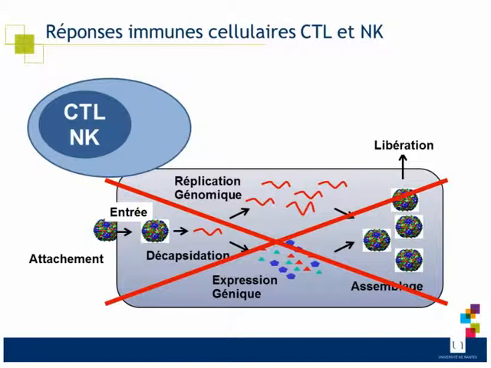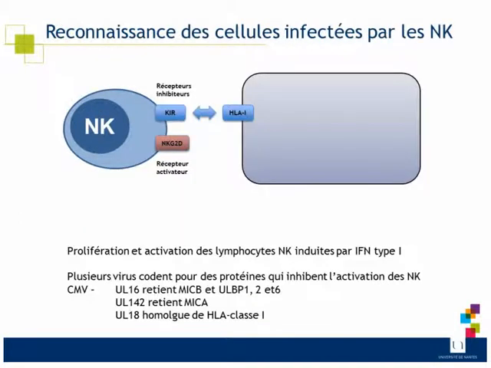Once again, the main question is, how do you recognize that this cell has got a virus infection? For NK cells, maybe not so obvious. So here is my simplified understanding of how NK cells identify virus-infected cells. It has to be simple because that's about all I can understand as far as NK cells go. Natural killer cells express a variety of inhibitory receptors, like the KIR receptors, and some activating receptors, like NKG2D.